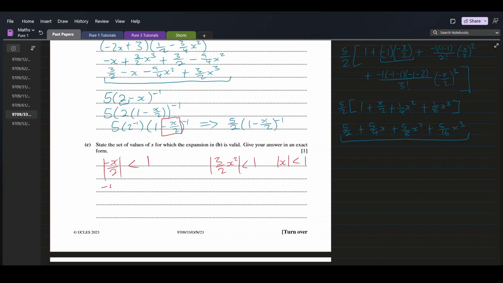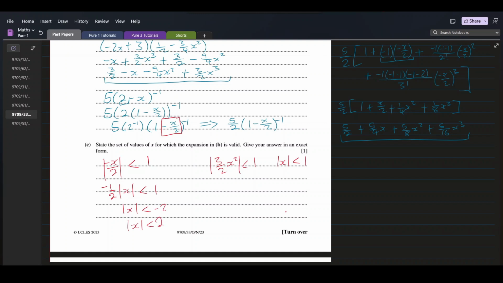And now let's take negative half outside of the modulus function, less than 1, and then multiply both sides by negative 2. So that's less than negative 2. We can just write this as mod x is less than 2.